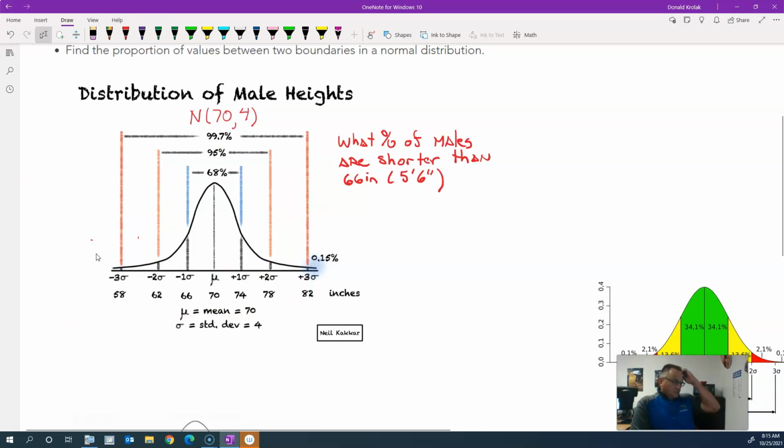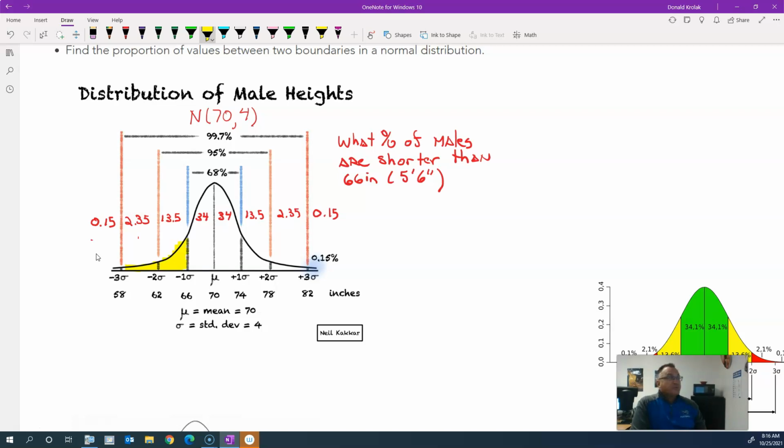So what we learned is that each one of these sections is 34%, 34%, 13.5, 2.35, 0.15. If we wanted the area that was shorter than 66 inches, that's going to be this area right here in yellow.